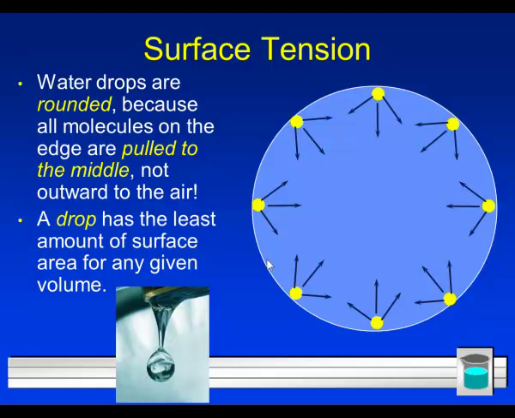And water doesn't always start off spherical when it's dropping off of something, but give it a second or two to free fall, and it will establish a nice spherical shape, like this droplet that's coming off of the faucet there.